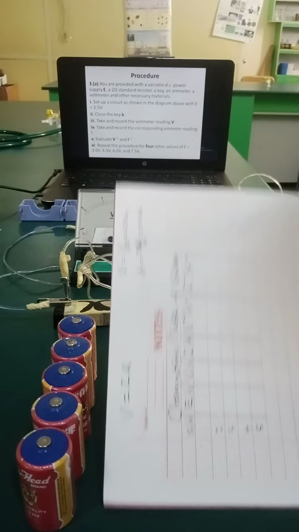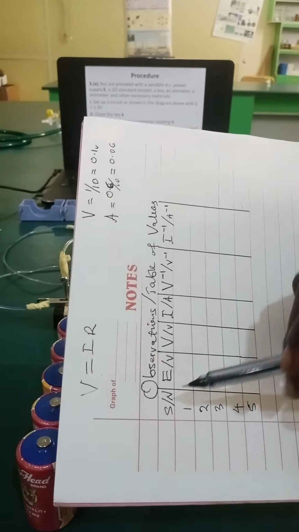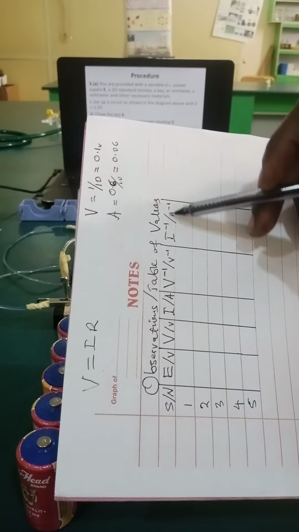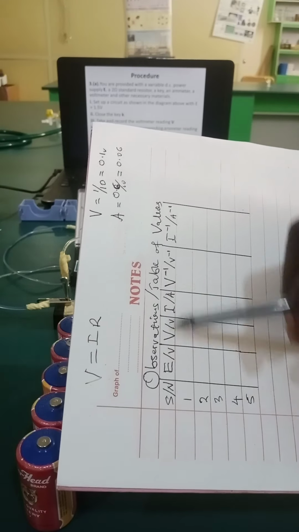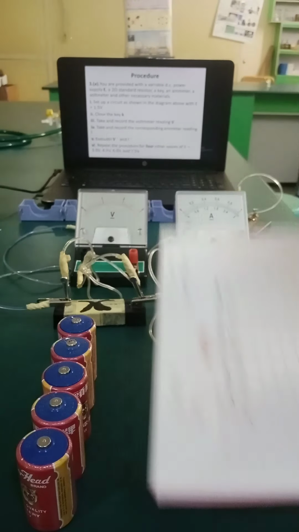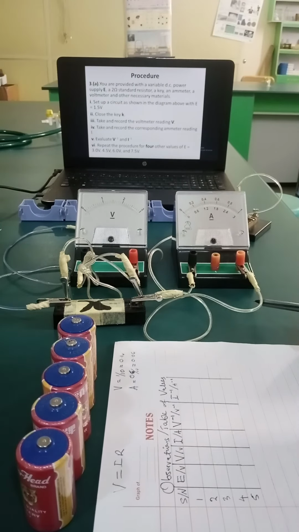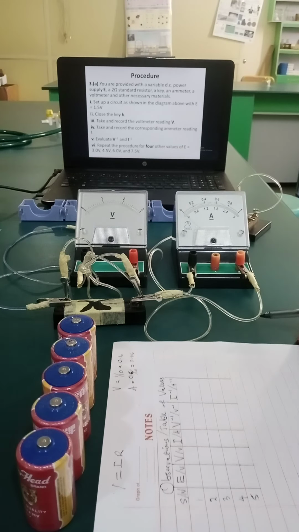So this is how your table of values must look. We call this the composite table. If you don't do it properly and also include the SI unit, the examiners will mark you down. They'll mark you down. So right now we are going to run the experiments proper.